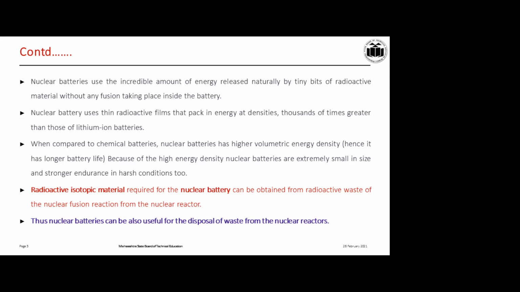This nuclear battery uses thin radioactive films that pack in energy at densities thousands of times greater than those of lithium ion batteries. So one advantage you can quote is that the nuclear battery has a very high density, and at the same time it provides a long life, about 1,000 times better than the lithium ion battery.